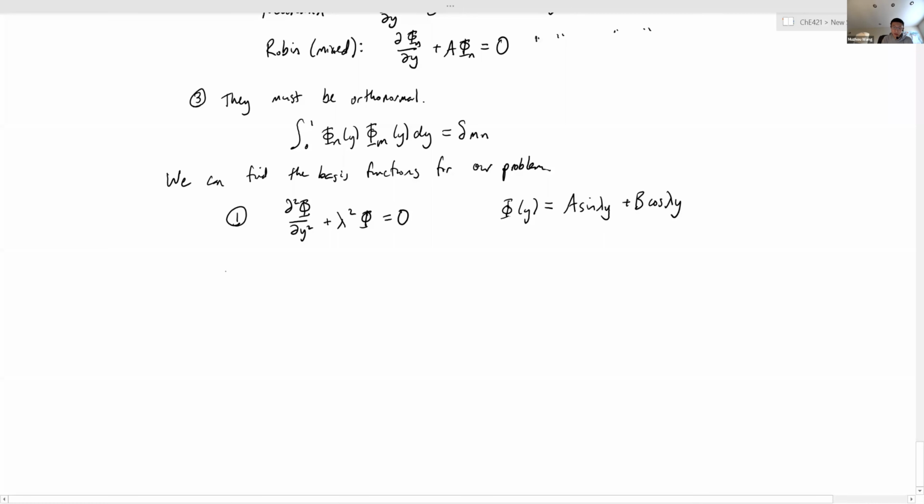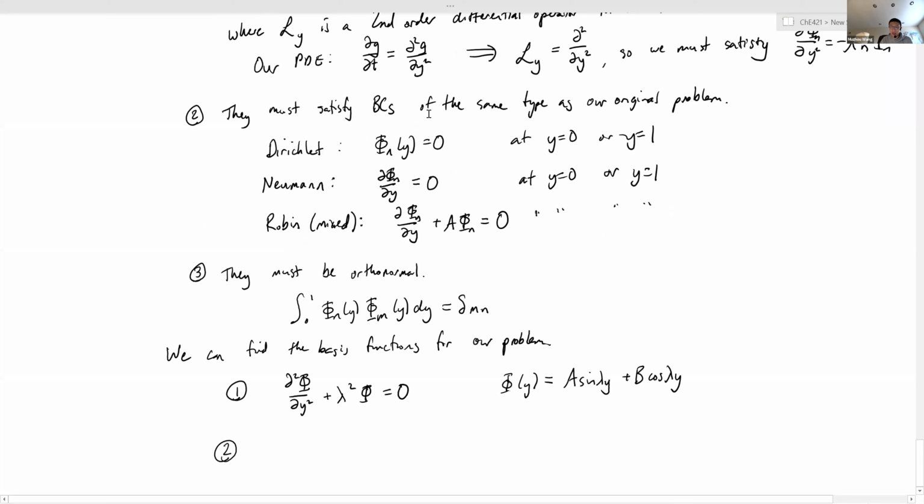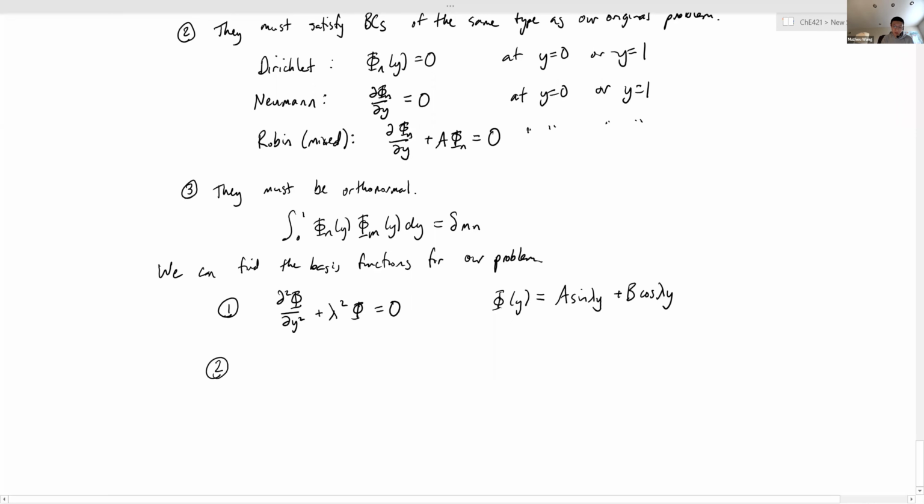Requirement number 2 is that they must satisfy boundary conditions of the same type as our original problem. Our original problem said that g is equal to something at y equals 0 and y equals 1, right? And so what we have here then is 2 boundary conditions.